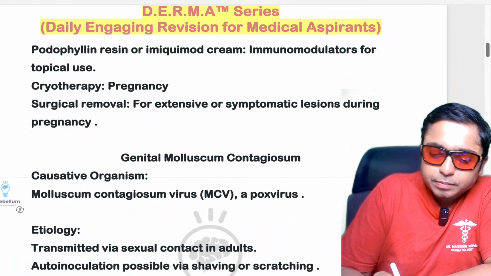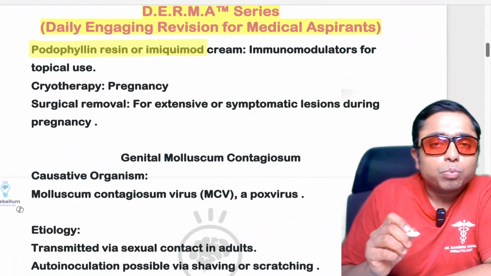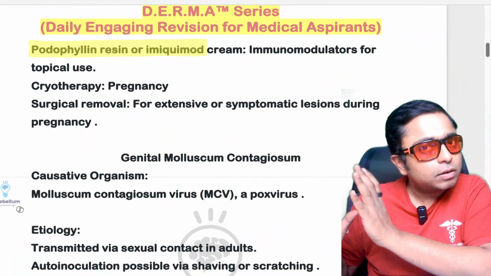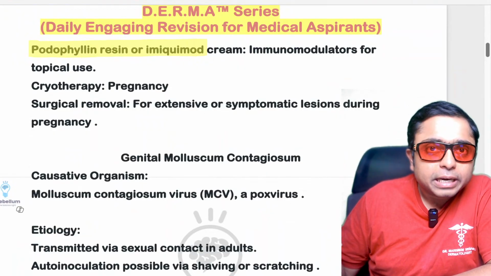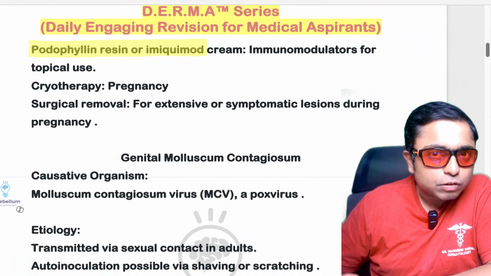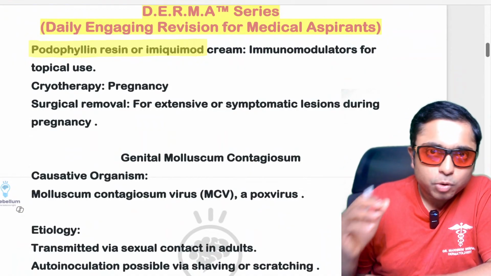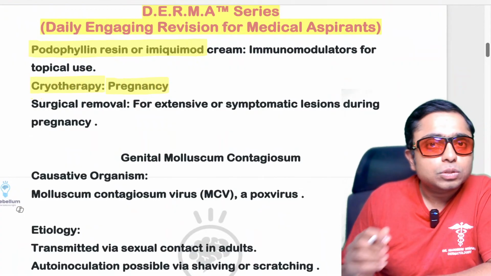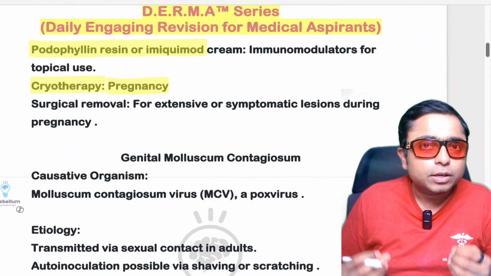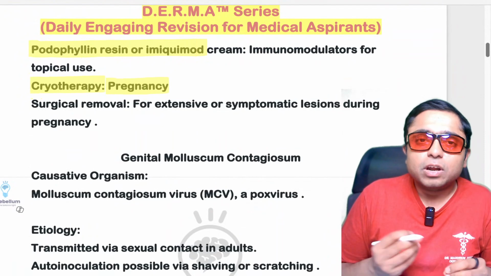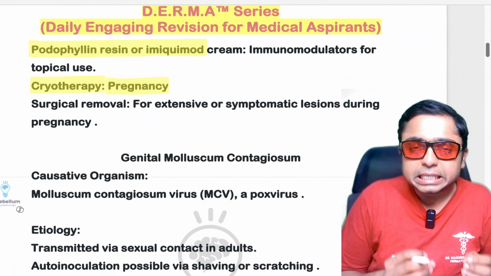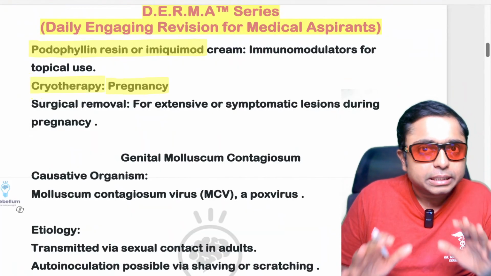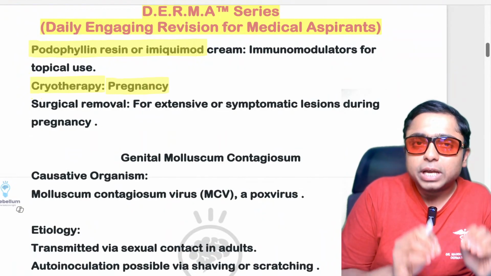Okay, later coming to the treatment part, remember podophyllin, imiquimod, both these can be used safely in a non-pregnant individual. So if a non-pregnant woman is mentioned in the question, then you can mark it as podophyllin or imiquimod. But if the examiner gives a pregnant woman, then you have to choose cryotherapy, or we can also use trichloroacetic acid, but cryotherapy, where we are going to use liquid nitrogen at minus 196 degrees Celsius to cool the tissues and kill the HPV, is the preferred modality in a pregnant woman.